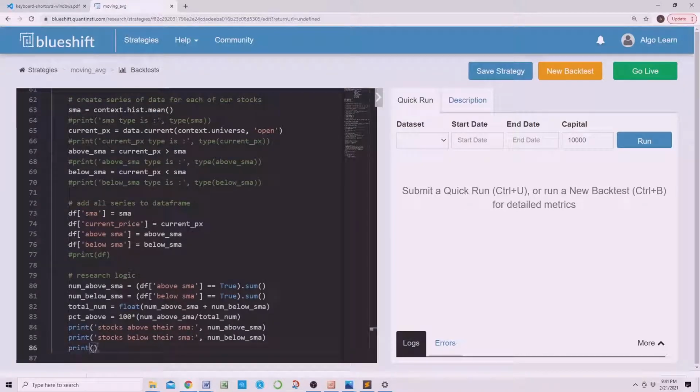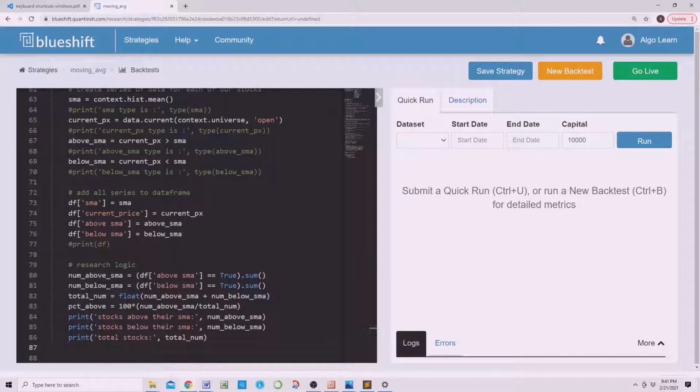Print total stocks, and we're going to print, what am I going to call this? Percent stocks above their SMA. All right, I think I got it.